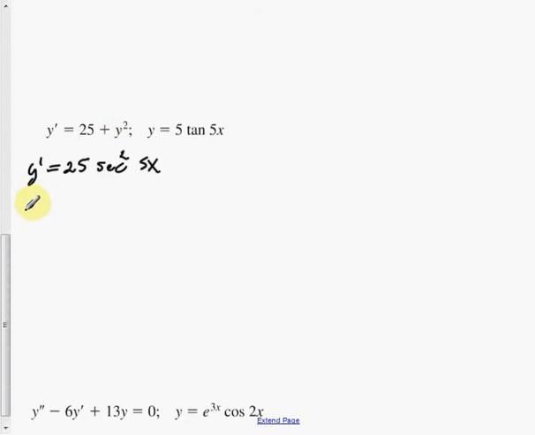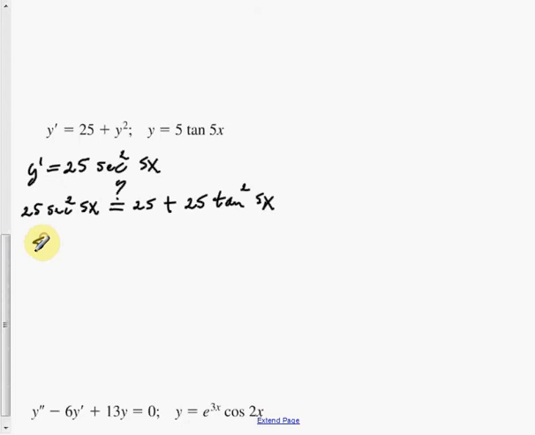Let's see. So y prime would be 25 secant square 5x. Is that equal to, question mark, 25 plus y squared, where y is 5 tangent 5x. So this would be 25 tangent squared 5x. And if you just divide through by a 25, we get a trig identity.